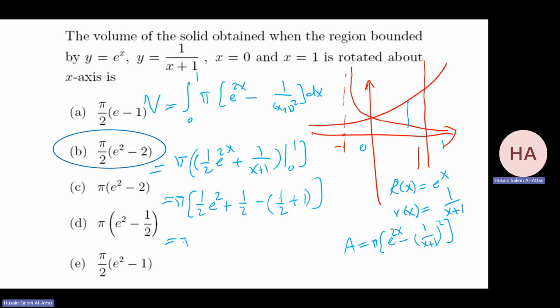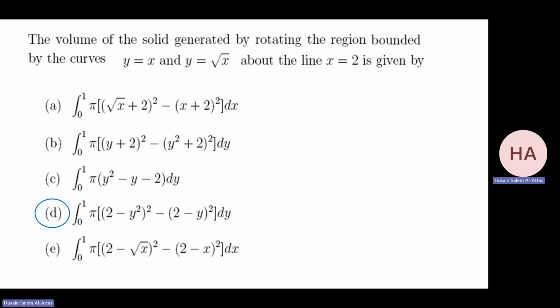So it will be pi times half e squared plus half minus half. That will be plus 1. I can make it plus or minus 1, sorry. That will be minus 1. Because this half minus half cancel, minus 1. Okay, yes. Take half outside, half e squared minus 2, which is this one. Okay.